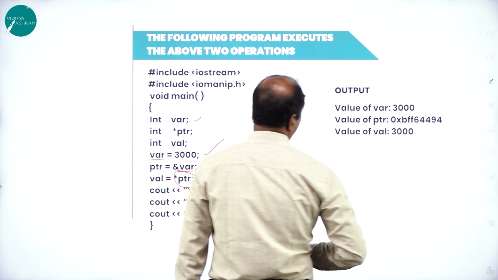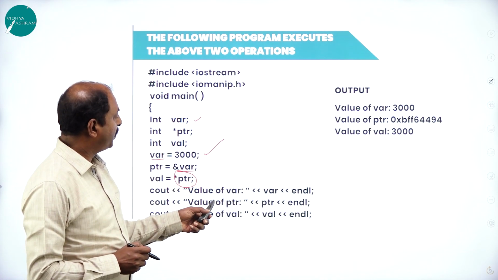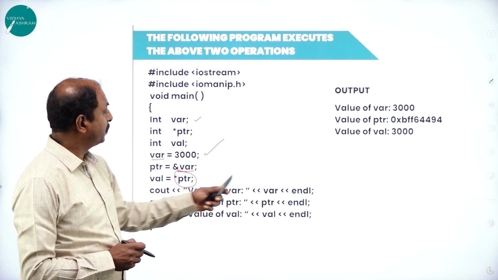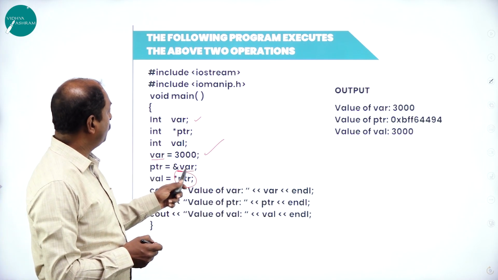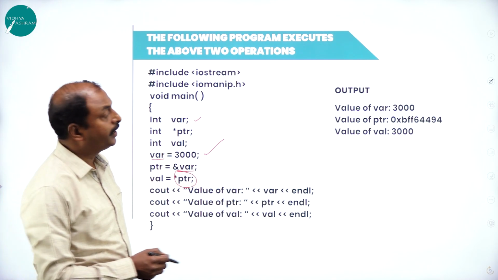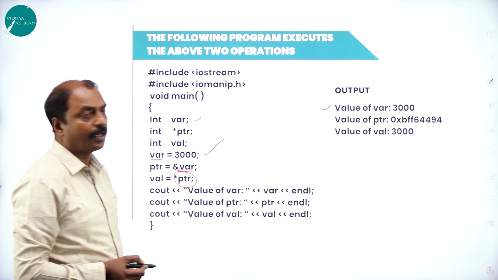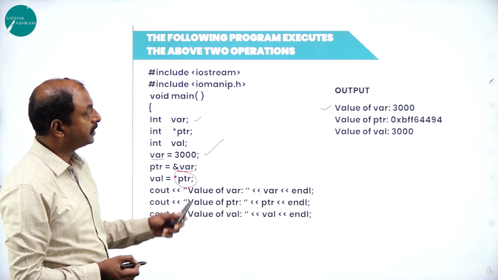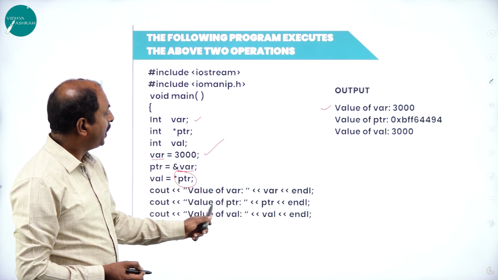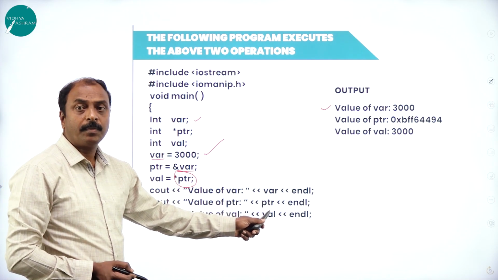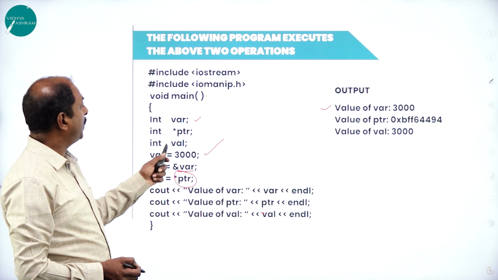Now if you observe the output here, the first one is the value of var. So this is the var variable, and the var value is 3000. It is going to print this statement, value of var equal to 3000. And next one is value of ptr equal to ptr. Observe this. This is a pointer variable.